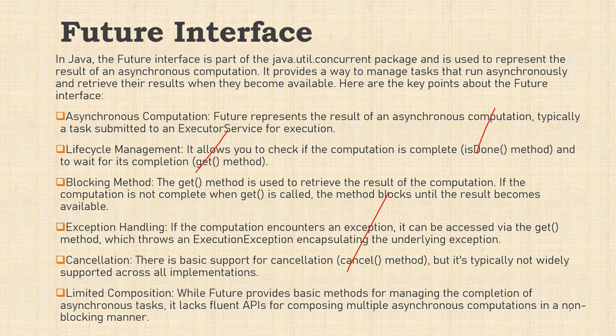Non-blocking means Future would execute your task, and then allow another task to execute. It is possible in blocking manner only: it will block on your task, and once it is completed, then it will allow your next task to execute.